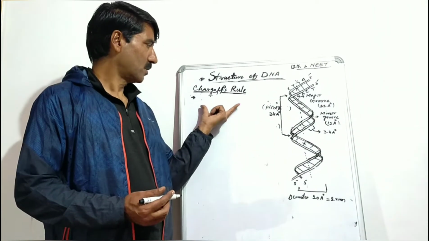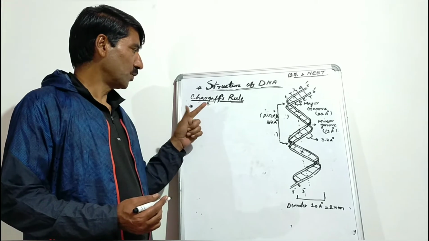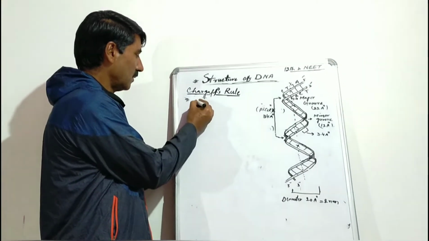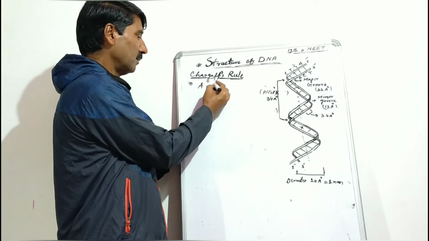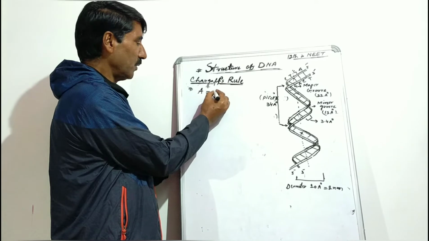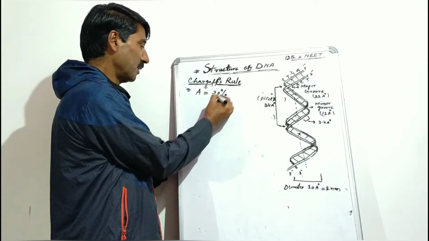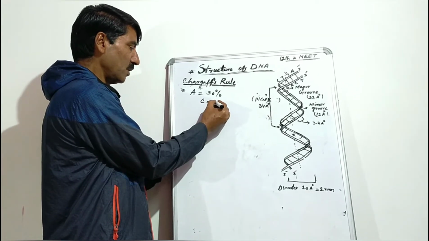So some questions I have here. तो कुछ questions हम करेंगे. तो एक question है हमारे पास. Let us have, there is a question that we have been given a DNA double-stranded molecule in which the percentage of adenine is 30%, and we are asked to find the percentage of cytosine.